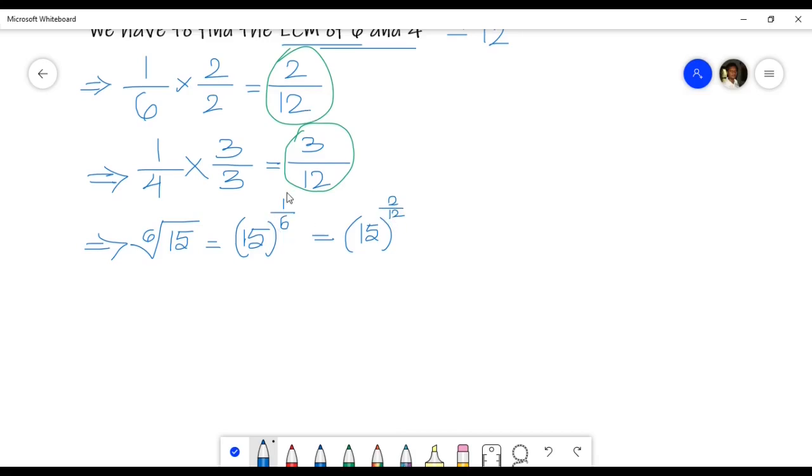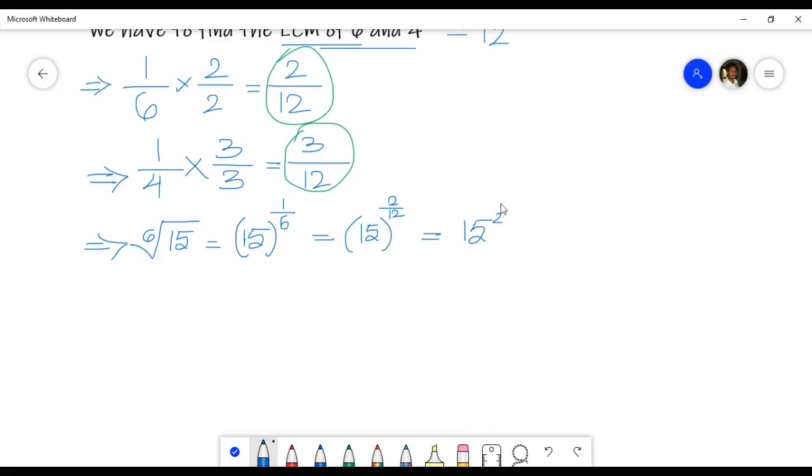Right? Now you see that 1 represents the exponent of the radicand, that is 15. Now after we have found the value of 1 by 6, the exponent of the 15 is 2, right? Just like 1 is the exponent of 15, likewise 2 is the exponent of 15. So how do we write it? We write it as 15 to the power 2.